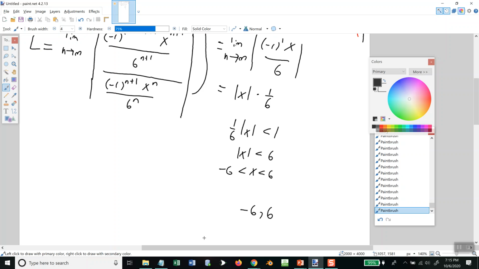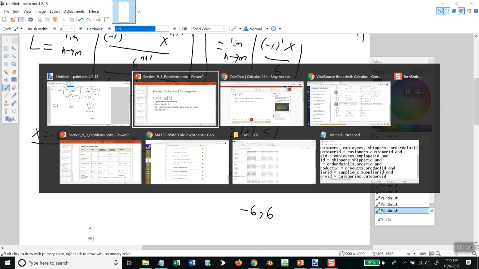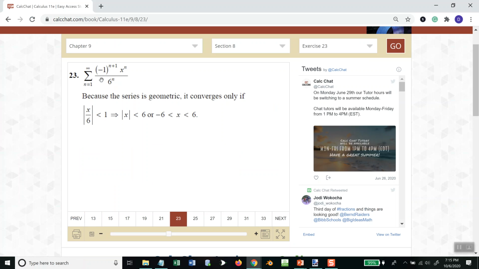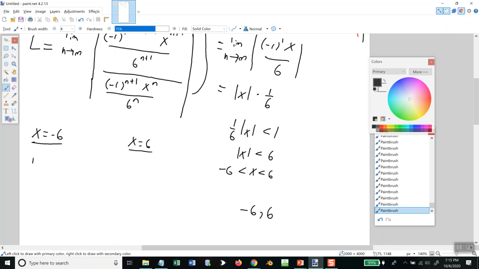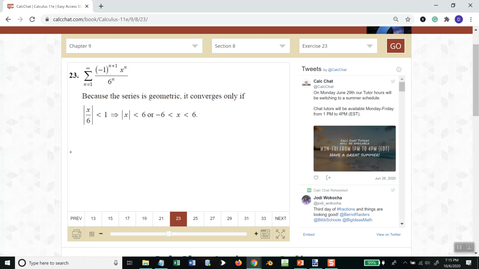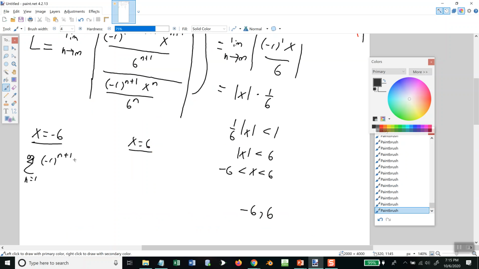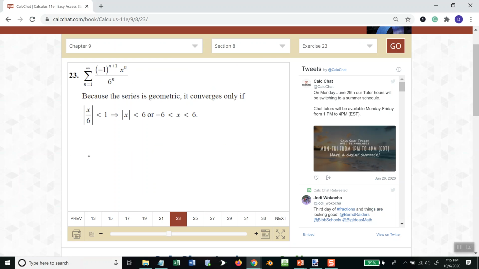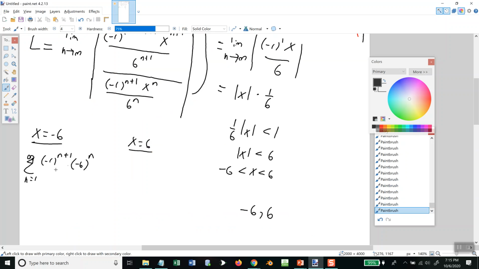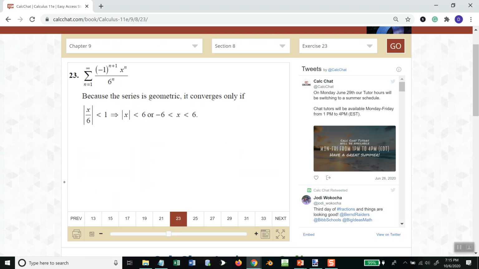Okay, so the question is what's happening at the endpoints, x equals -6 and x equals +6. If I go back to my original function, I guess it's right there. -1 to the n plus 1, -6 to the n power, 6 over n.